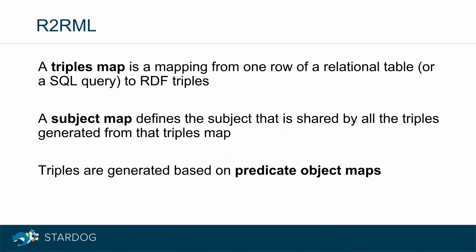So a triples map always has a single subject, and the subject map shows you the IRI template, like the artist IRI template and album IRI template that we have seen. And then the additional triples generated by the triples map are defined using what are called predicate object maps. So basically defining the predicates between the subject and the other nodes that are being created, and what predicates are used to connect those nodes.